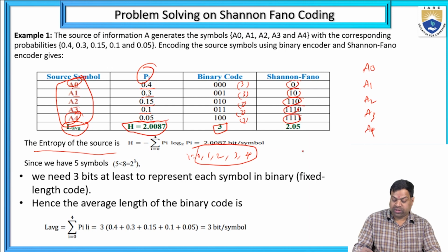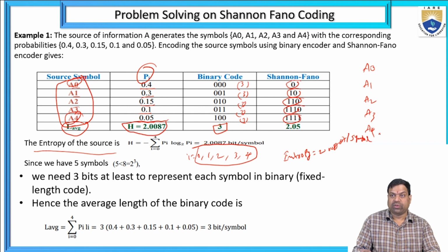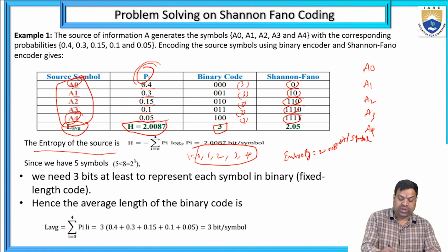That is the entropy. How did we get the entropy of 2.0087 bits per symbol? We get it from the given probability values. We have 5 symbols, as you can see here.